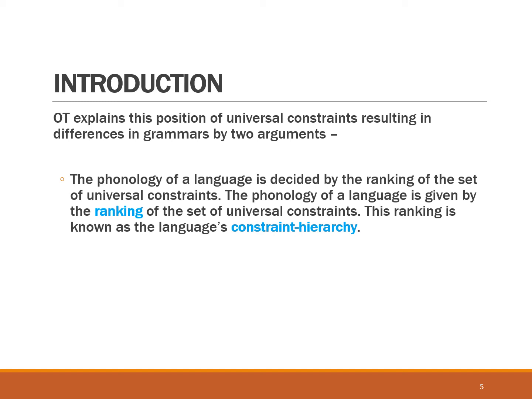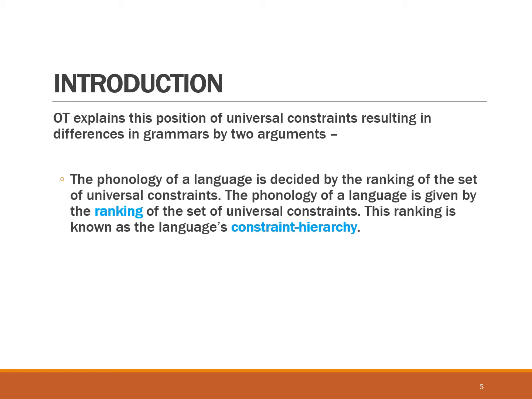So if there is a consonant in the language, that means it has a plus consonant. If the language does not have a consonant, that means it is minus consonant. This is not true in the practical world, but this is just an example.